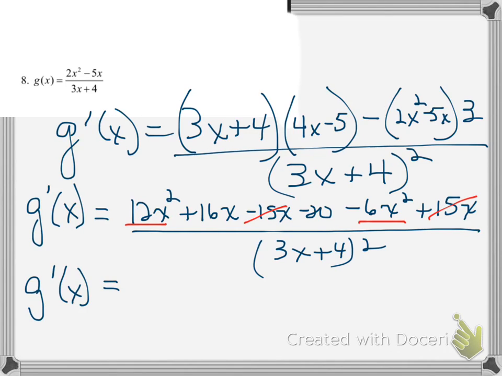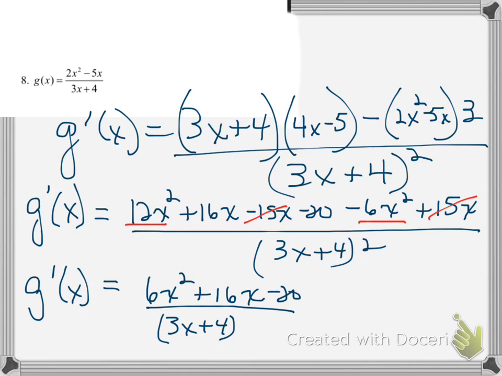So I end up getting 12x squared minus 6x squared gives me 6x squared plus 16x minus 20, all over 3x plus 4 squared.